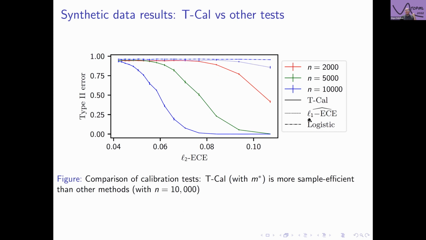For the other two methods, the L1 ECE and the logistic, we only do the experiment for 10,000 because even for 10,000, you can see here the results for logistic, it doesn't seem to have a lot of power. Similarly, for the L1 ECE based test, it's much worse than TCal. So here our method performs better.